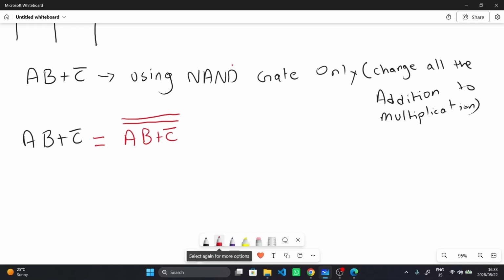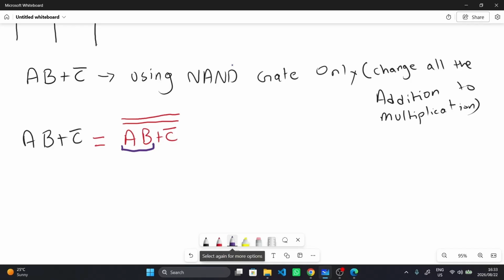So here, what can we do? Let's try something. If you see, these two are already in multiplication, right? So we don't have to break these two, correct?